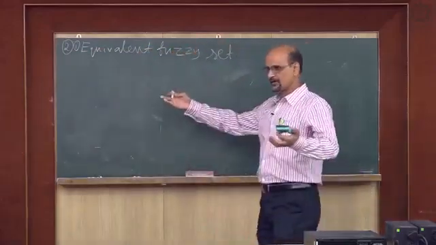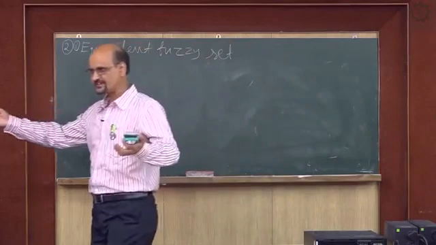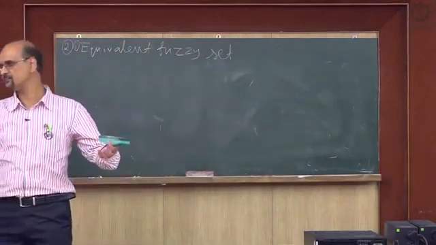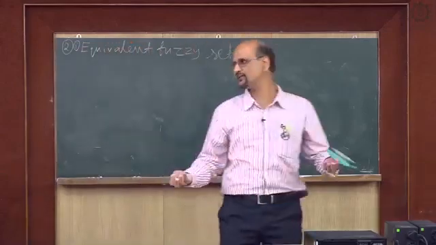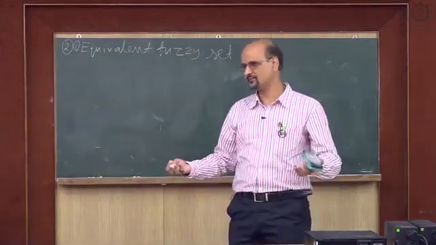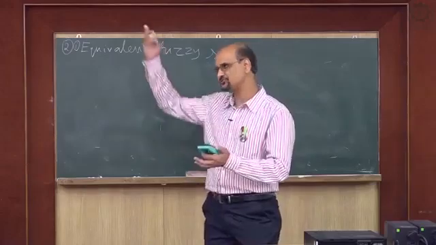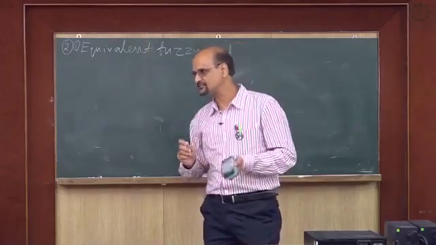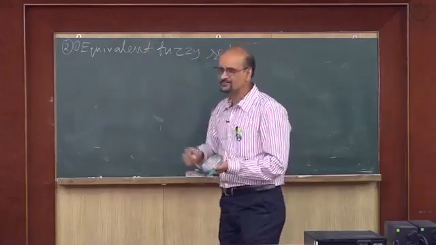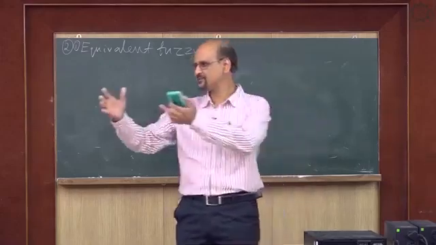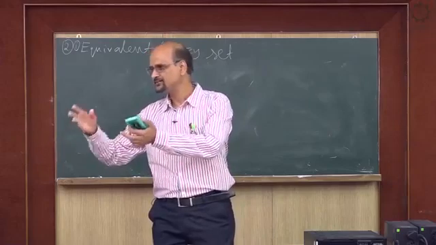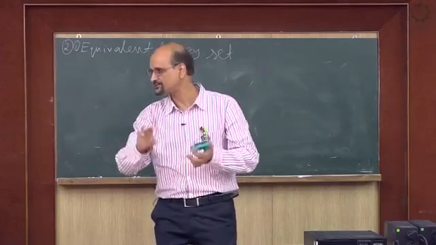If it is equivalent, you should have two fuzzy sets. Suppose I have two fuzzy sets A bar and B bar, and I want to see whether they are equivalent or not. Whenever I talk about fuzzy sets, you should look at the membership functions. Equivalent means the membership function of fuzzy set A and that of fuzzy set B should be the same for every x.